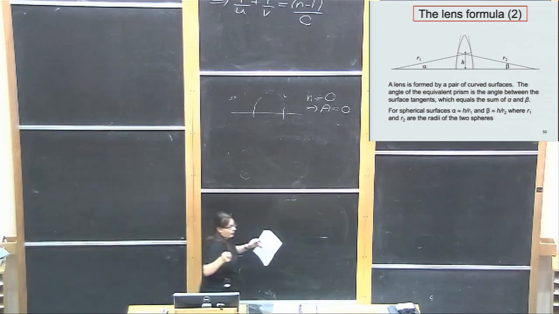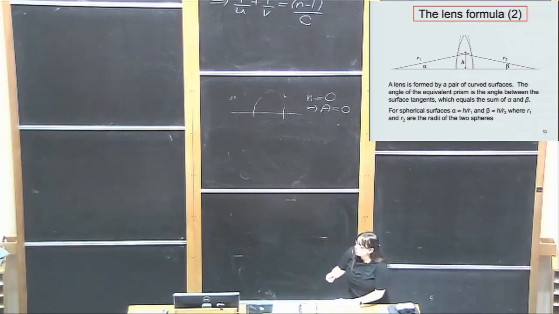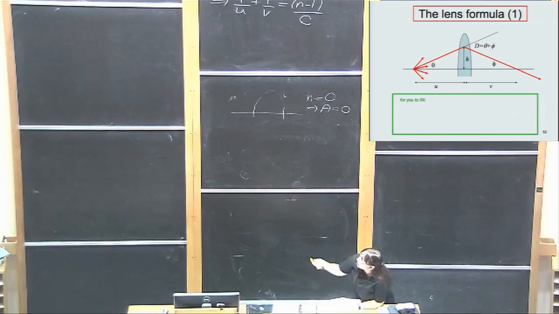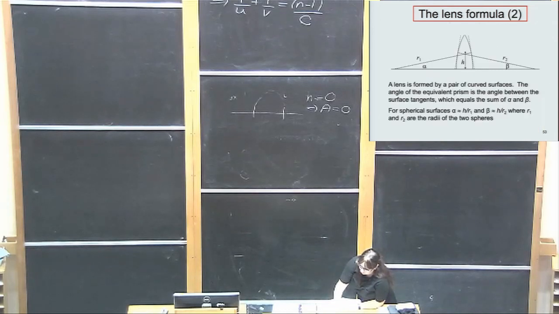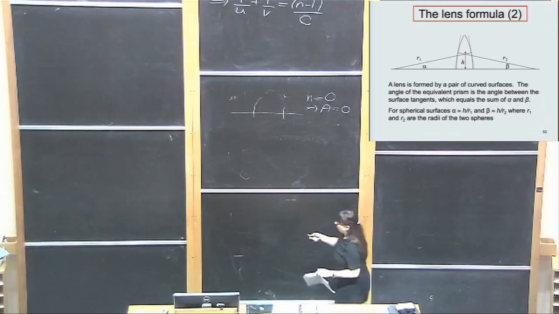That's the radii of curvature I'm interested in, because what I'm going to want to do now is get an expression for the apex angle in terms of R1 and R2, but I want the relevant apex angle corresponding to the height at which my ray is actually striking. Okay, so that's why I've drawn them like that.